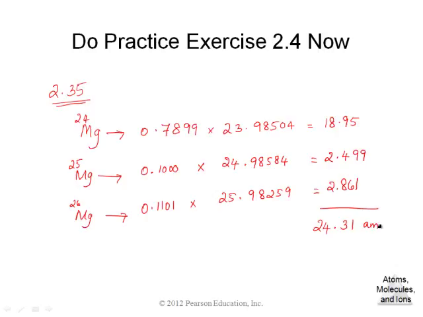Unit is AMU, because all the atomic mass is given in AMUs. So that's the unit you know right now. Later we might learn a different unit for atomic mass.